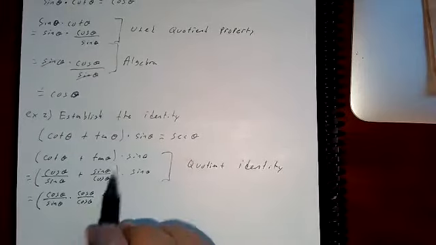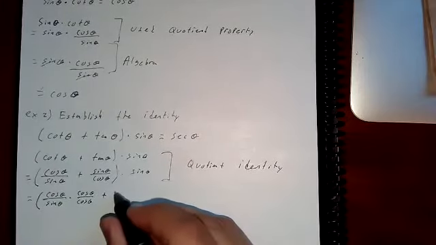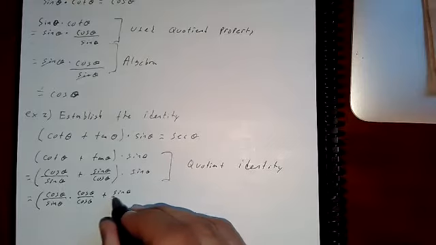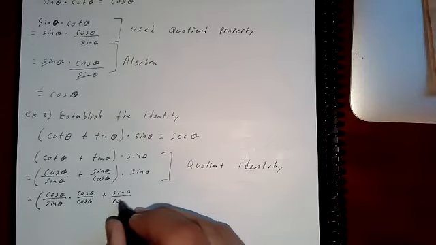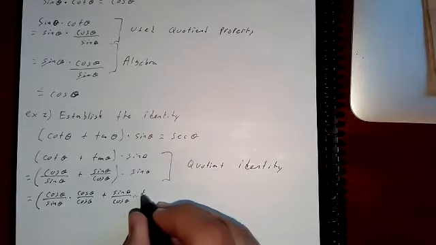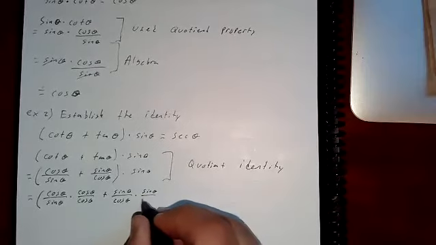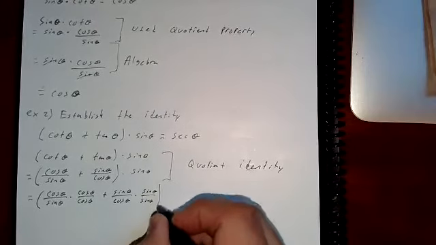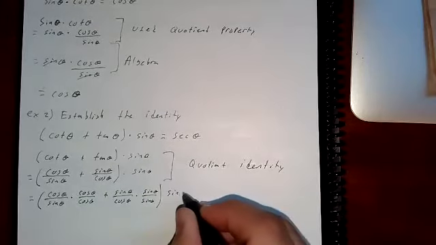And then I'm going to multiply the second fraction by sine theta over sine theta to get a sine down there. So right here inside is the LCD going on.